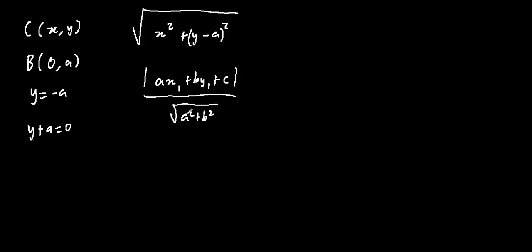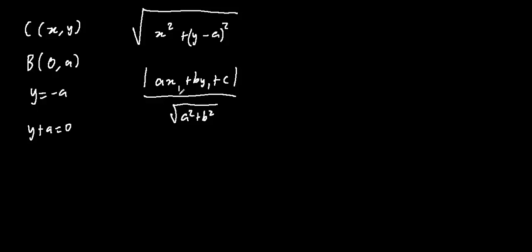Now in this case, the a and b aren't the same thing as these guys here. These are two different values. In this formula, a is just the coefficient of x, b is just the coefficient of y in the general form, and c is just the constant term. So it doesn't represent anything here in this case.